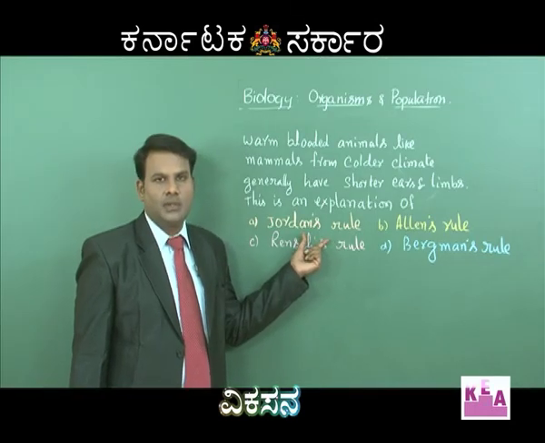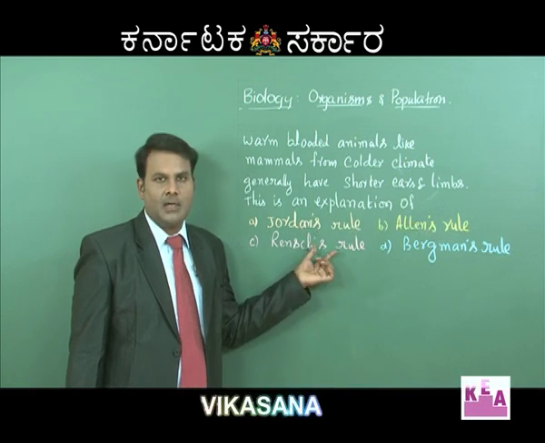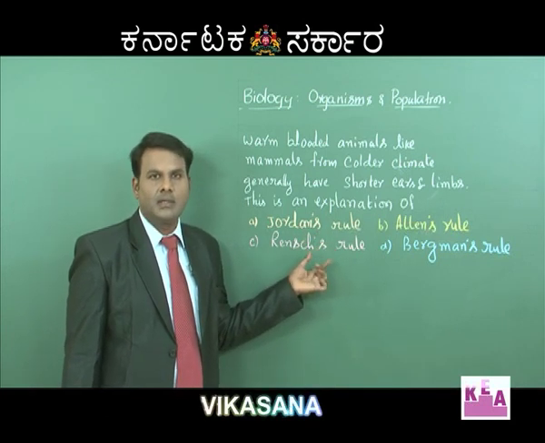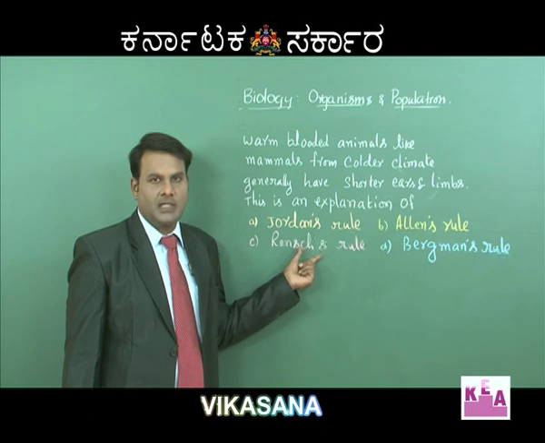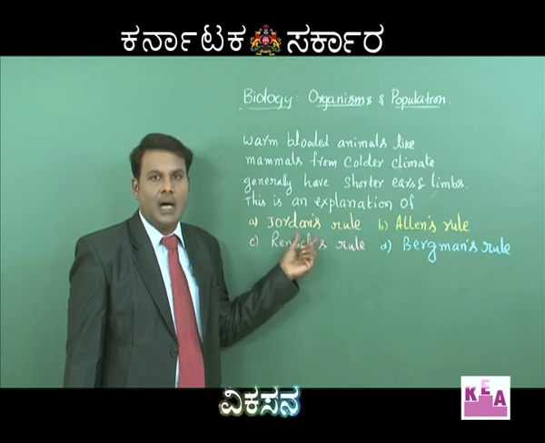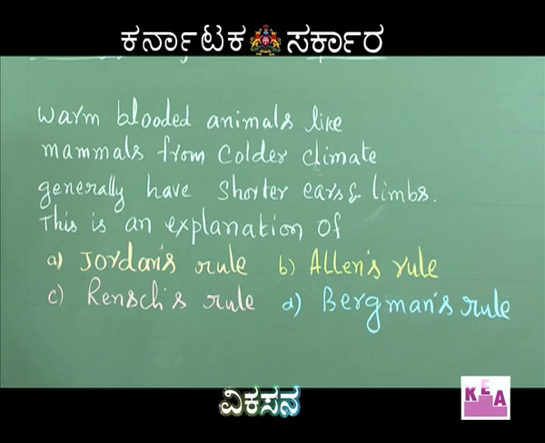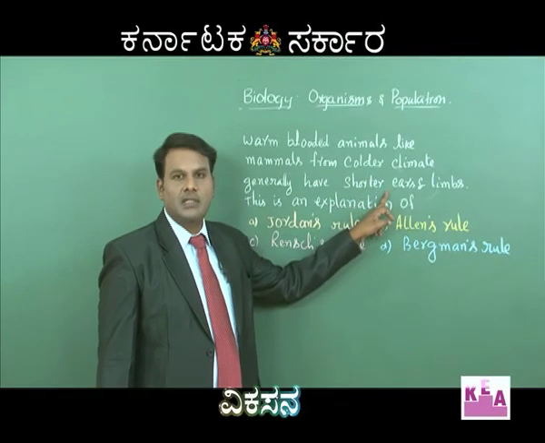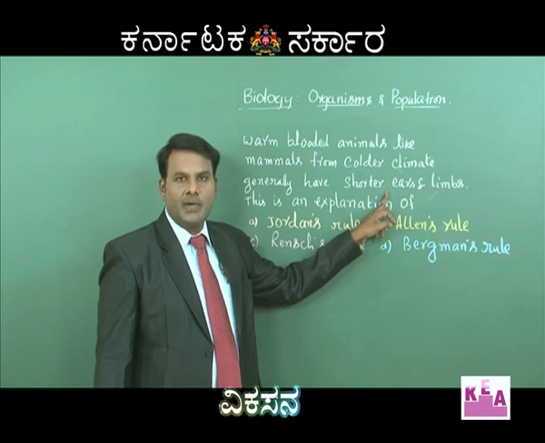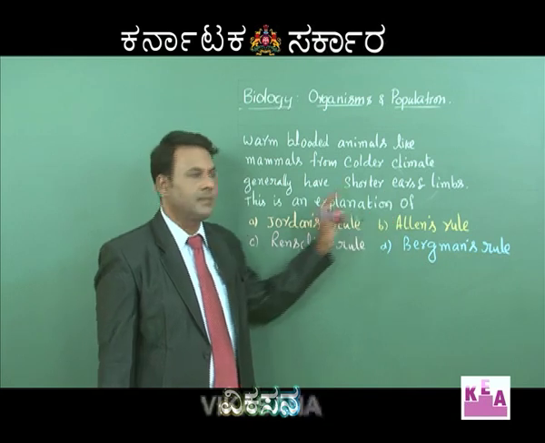According to this rule, closely related organisms occupy adjacent rather than identical ranges. B, Allen's rule. The organisms living in colder climatic conditions will have shortened ears and limbs to minimize heat loss to the surrounding.